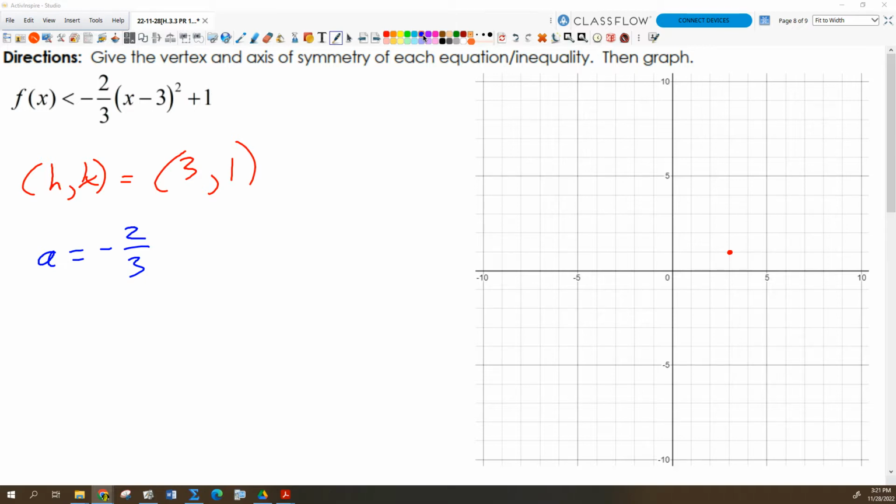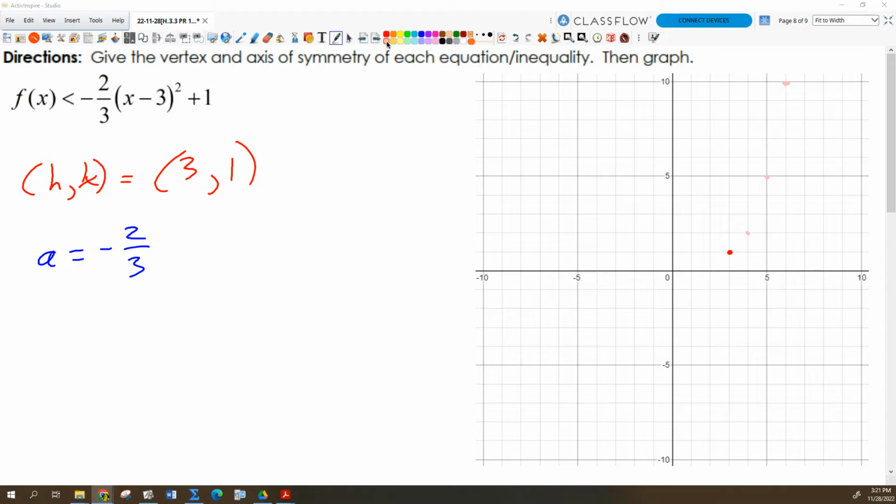When I'm graphing my parent function from the vertex, I would go over 1 and up 1 on the parent graph of x squared. Over 2 and up, no, 4, because I'm going up 2 squared. So over 2 and up 4, over 3 and up 9, okay.